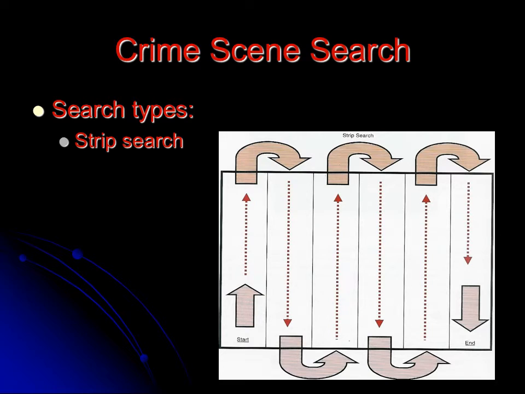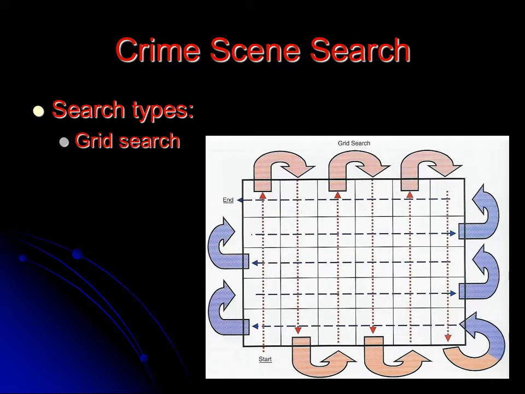A strip search, the benefit of this is you can use fewer people and you can actually accomplish it with one person where they go back and forth, up and down through the scene until they get to the end. You can quadrant off areas and have different people responsible for different portions of the property.